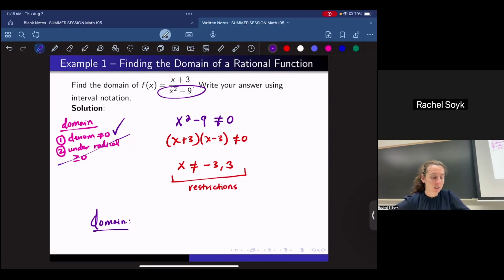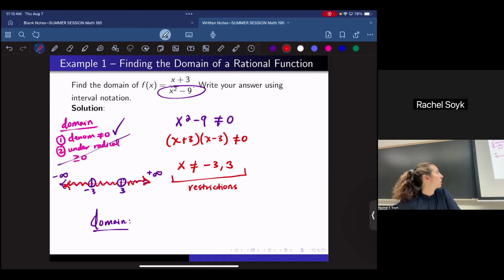Again, if you're still a little confused, just draw a number line off to the side so that you can visually understand that we're excluding only those 2 numbers. So we're going to have open circles there, but everything else is free game. So we're going to shade everywhere else. We're going to have some unions, right?